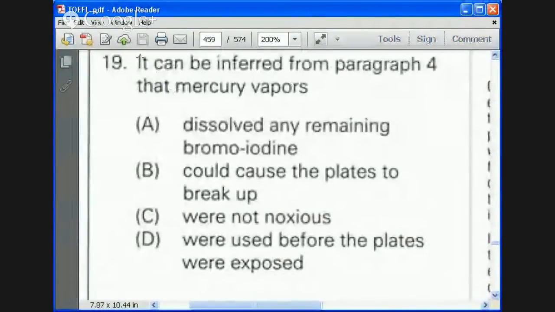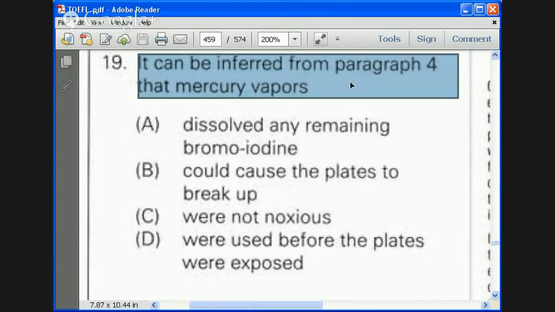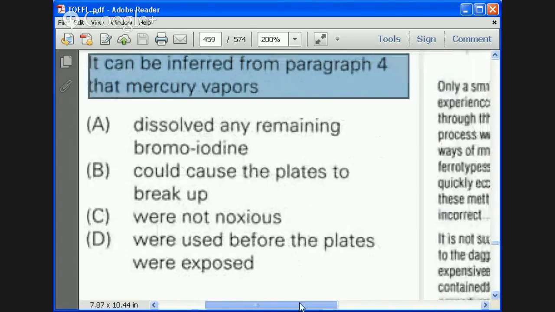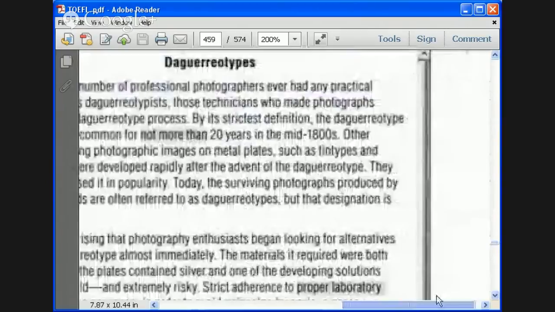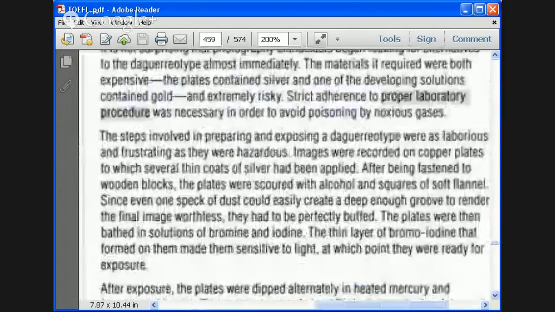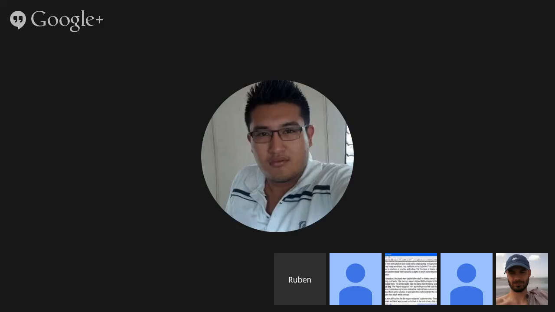Okay. It can be inferred from paragraph 4, mercury vapors. All right. What do mercury vapors do? Again, first strategy, I'm looking at the question and I'm trying to figure out what are they really asking me? All right. It's obvious that mercury vapors do something. What? Again, I'm not really going to even look at the answers first.